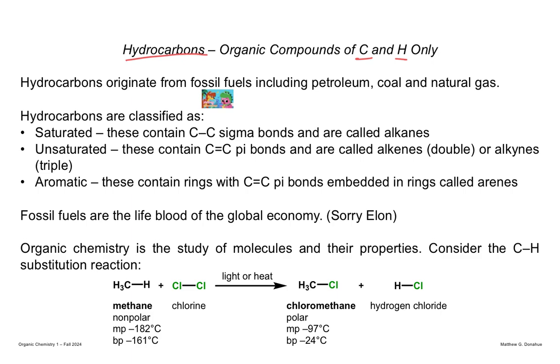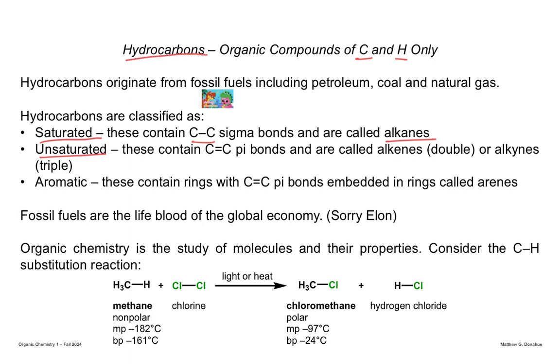Based on that, we call the carbon saturated or unsaturated. Saturated means there's only single bonds to carbon. So if we know carbon has 4 bonds, it's only forming 4 sigma bonds. And those are called alkanes.